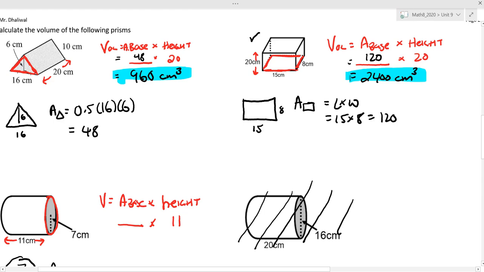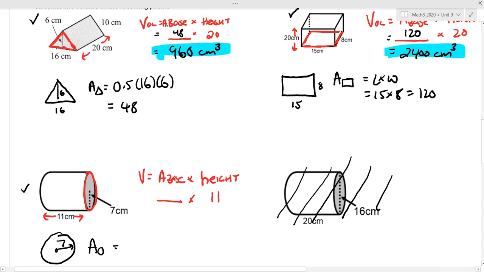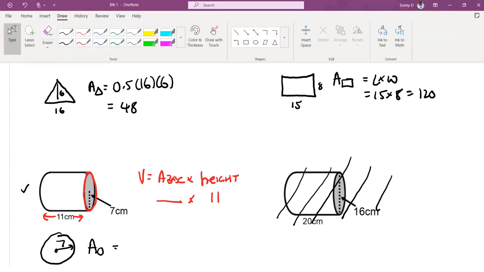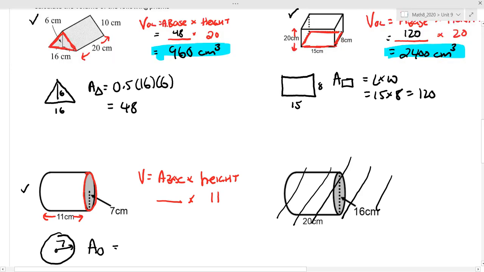Oh wait, we were supposed to do the other one? The one on the left? I did the one on the right. Okay. I'll give you the answer for the one on the right as well.